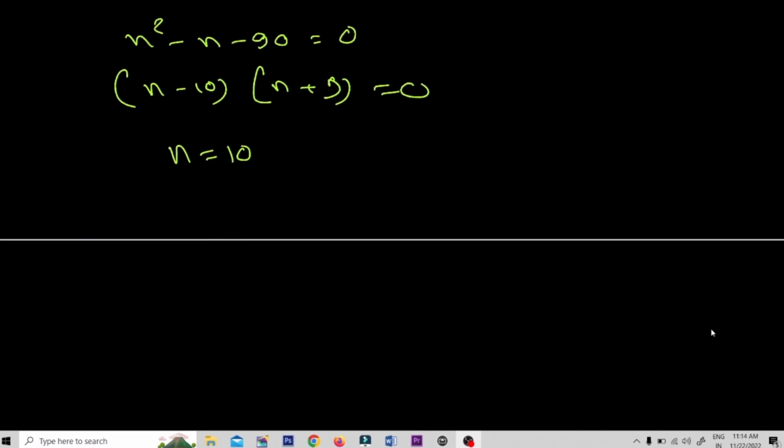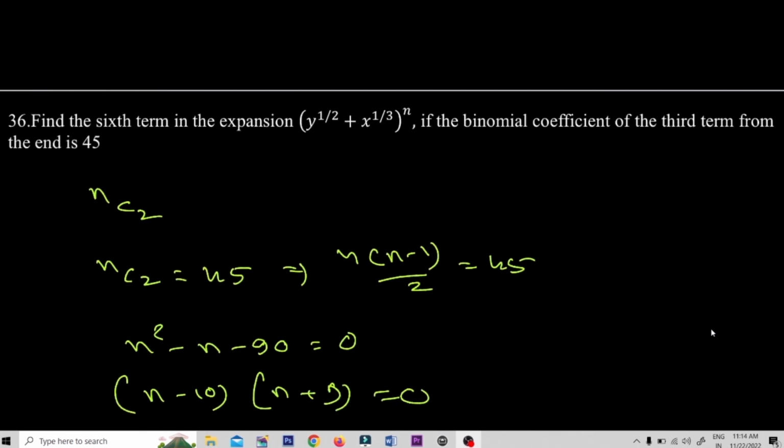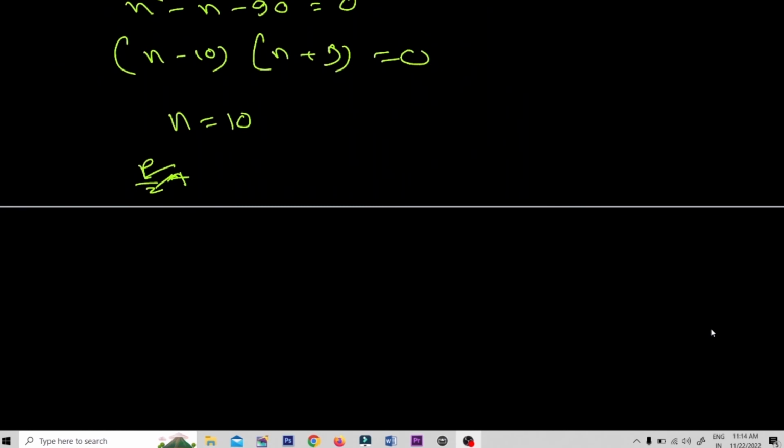Let T6 be the sixth term in the binomial expansion of y to the power half plus x to the power 1/3, whole to the power 10.